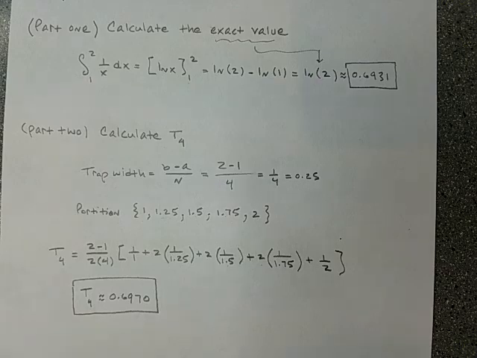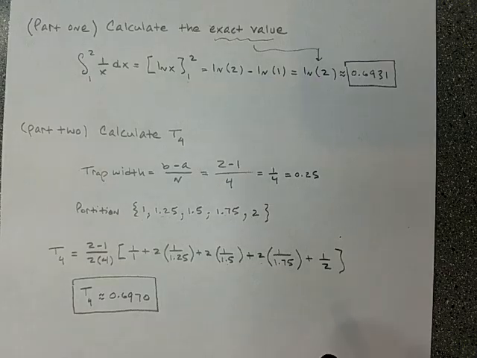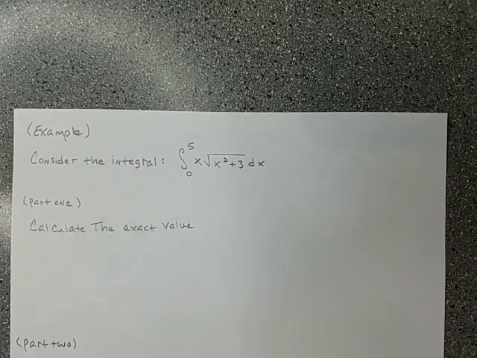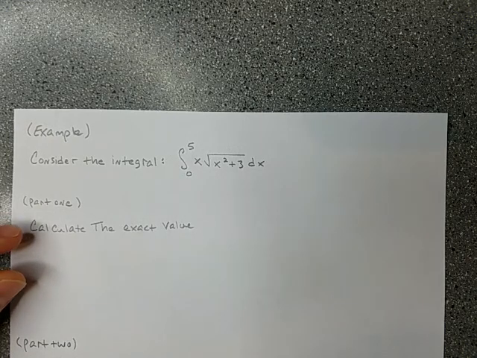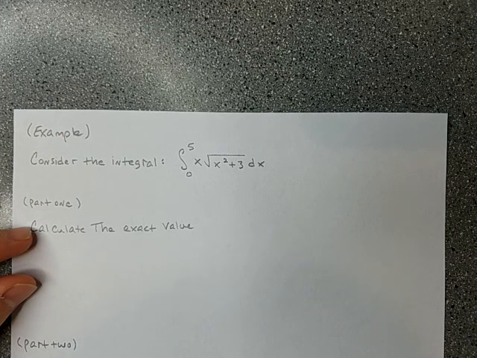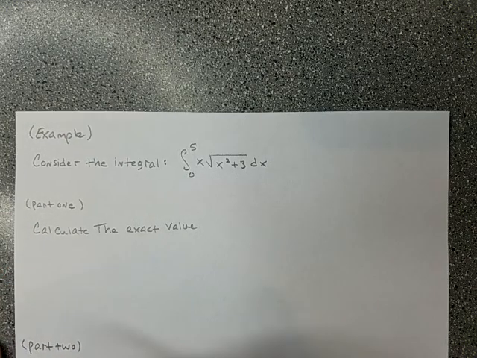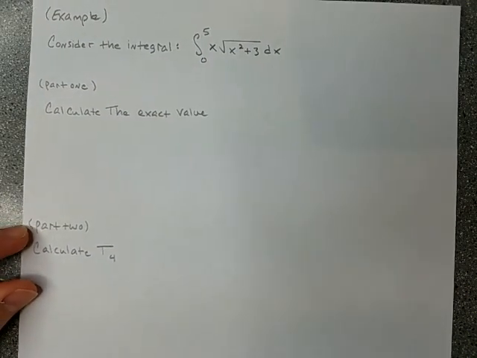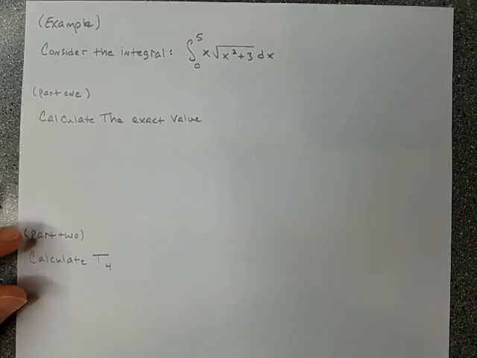Let's try one more with a function that just looks a tad more complicated. All right. So here I was wondering about giving the exact value, and then again, calculating the trapezoidal rule with 4 trapezoids.